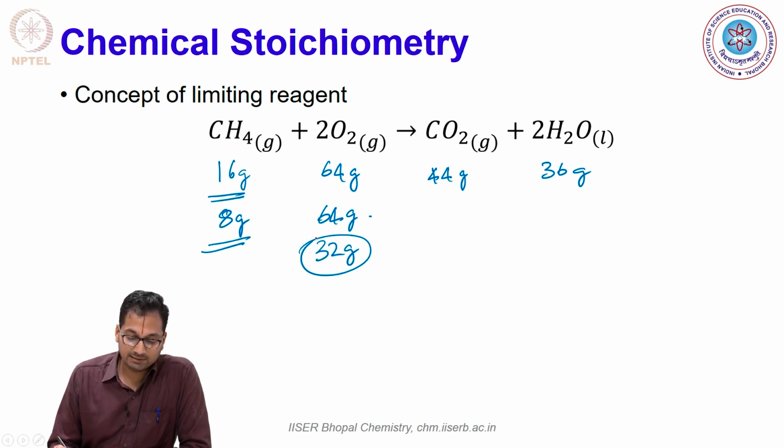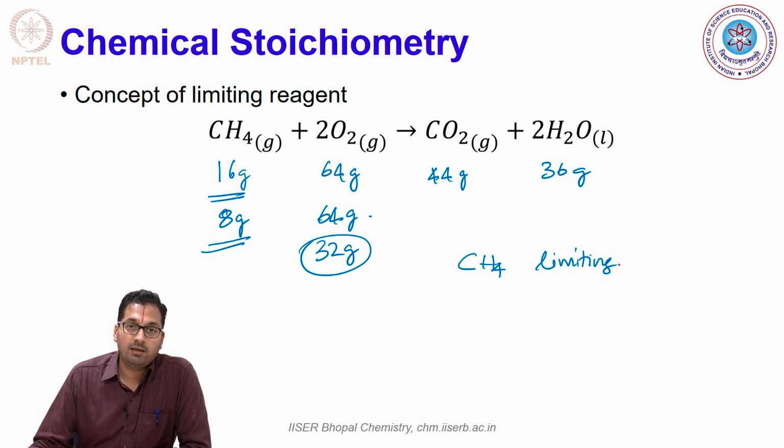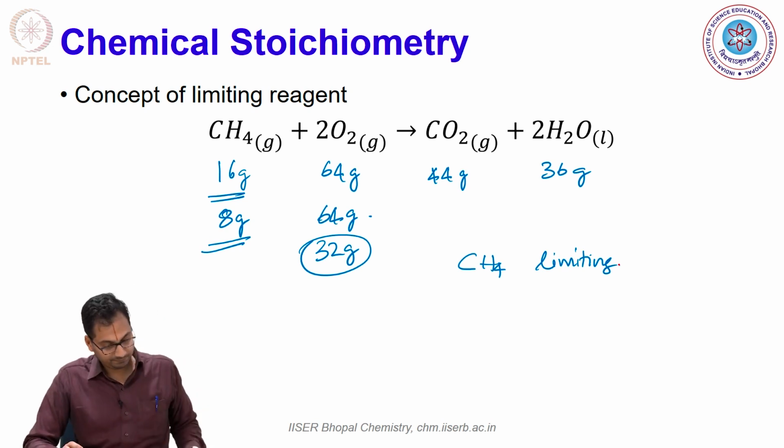So, basically this is a reaction where the methane appears to be a limiting reagent. What do we mean by that? We mean that since the concentration of methane is less, it limits the reaction from going any further, although oxygen is present in more excess. So, this is an example where the reagents are not given in stoichiometric ratios, resulting in one reagent being in excess.